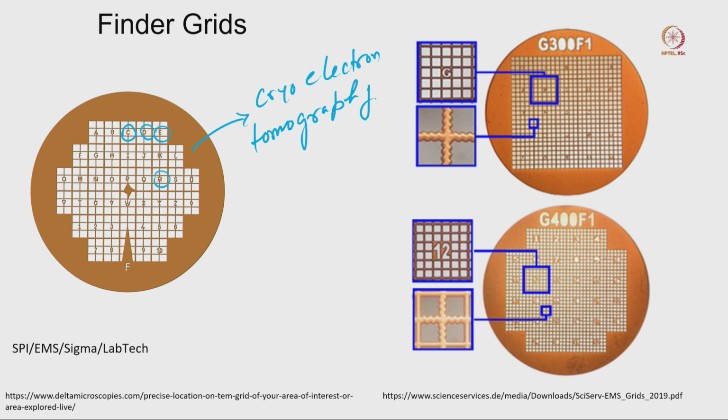We use this kind of finder grid because sometimes we use the correlative light and electron microscopy technique, where you have a fluorescent tag in a bacterial cell, and the bacterial cell might stay here. In the fluorescence microscope we can see that, and now we insert the same grid. So if there is a finder marking, we can say, okay, my bacteria is somewhere between F and G. If there is some kind of marking, it is easy to find those bacteria.